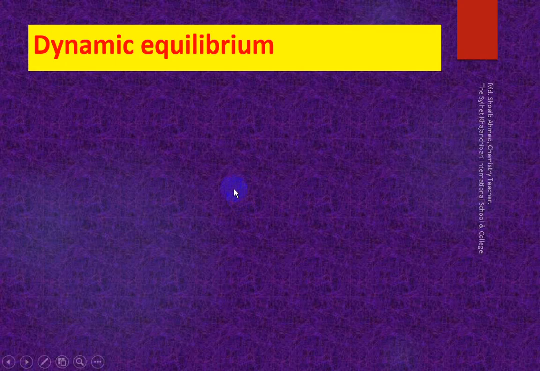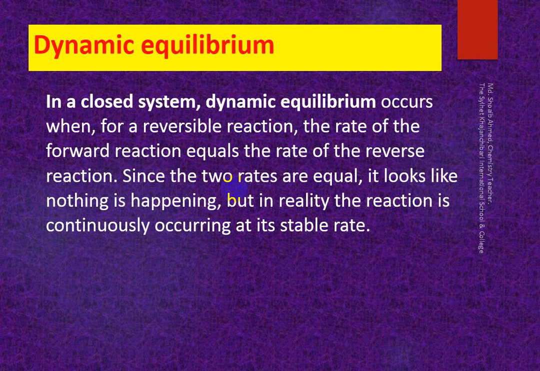Okay, now dynamic equilibrium. Dynamic equilibrium must be in a closed system. Dynamic equilibrium occurs when, for a reversible reaction, the rate of the forward reaction equals the rate of the reverse reaction.